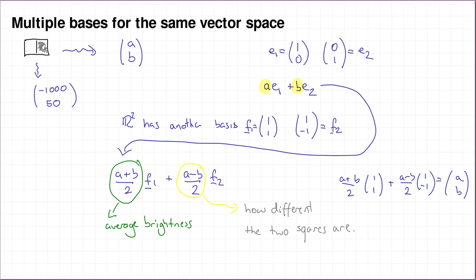And in the representation in terms of the second basis, f1 and f2, the first coefficient is telling you how bright the image is overall, so what's the average brightness of the two squares, and the second coefficient is telling you how different the two squares are. And both of those give you a different way to represent the same image. That's in general why multiple bases are a useful thing to have. They give you different ways of looking at the same data.